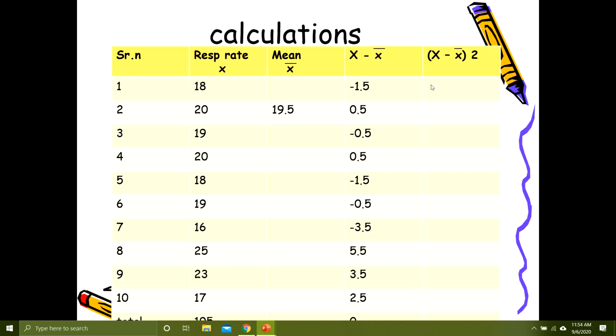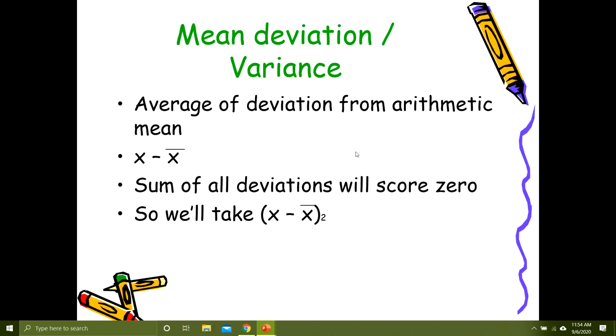Minus 1.5 whole square will result in a positive value, because whenever we take a square, it will always be a positive value. So I will take a square of this, and of this, because I want to remove the impact of the minus signs to make my mean deviation more meaningful.